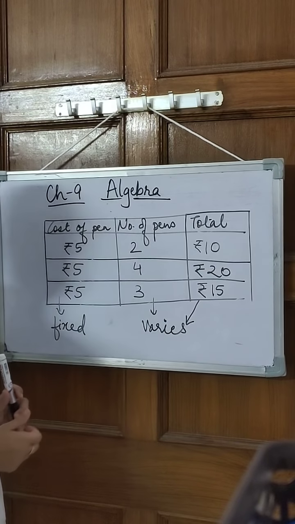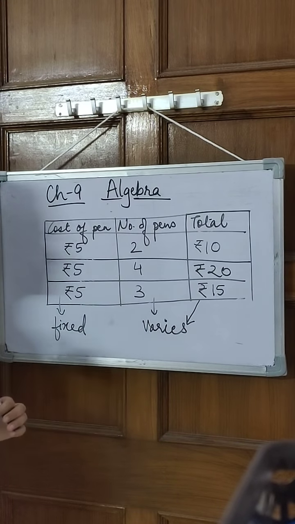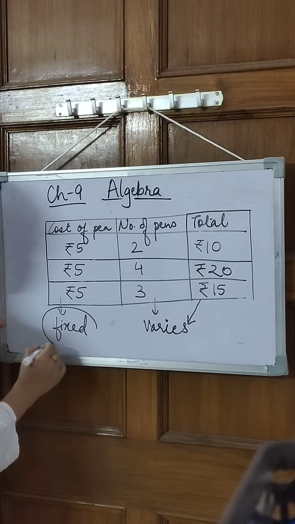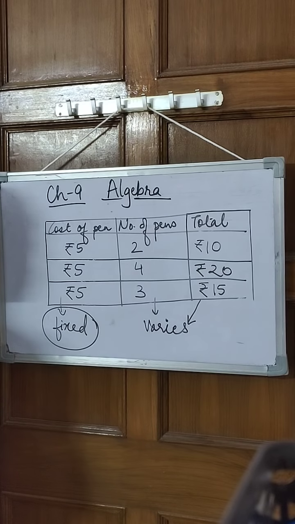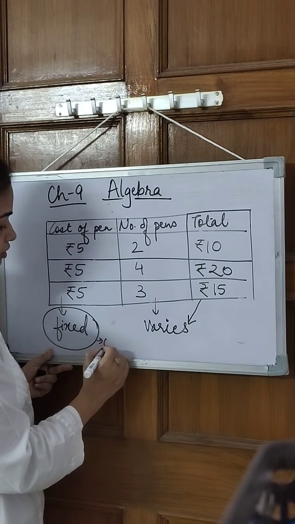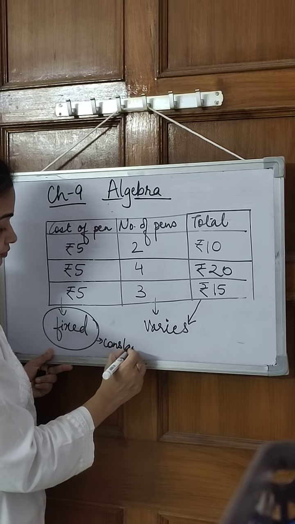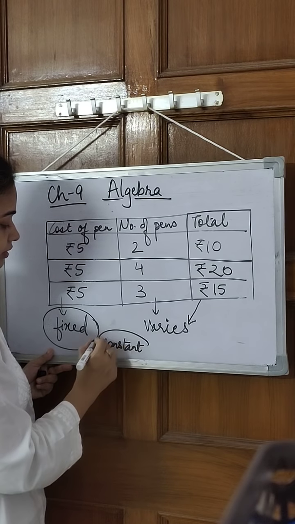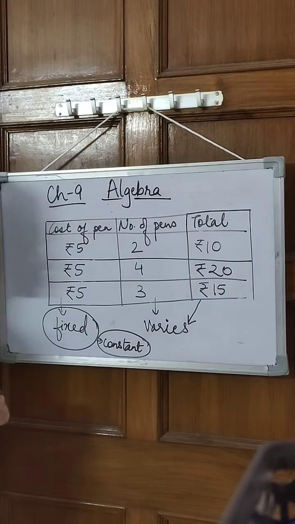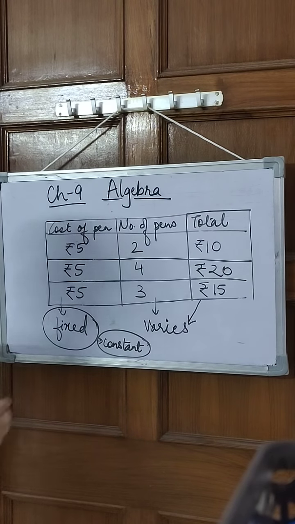So in this we can say that the values that are fixed are called constants. It's a very important term in algebra, that is called constant. Constant means which is same, and same means which is fixed.